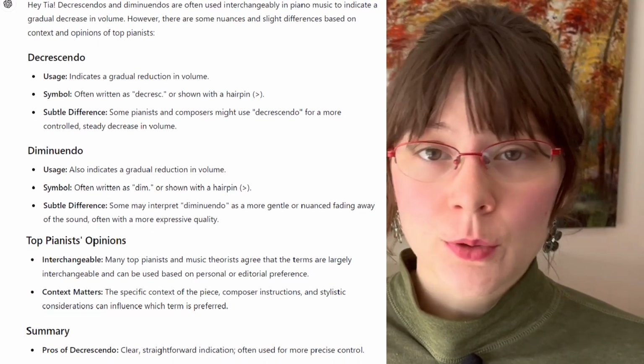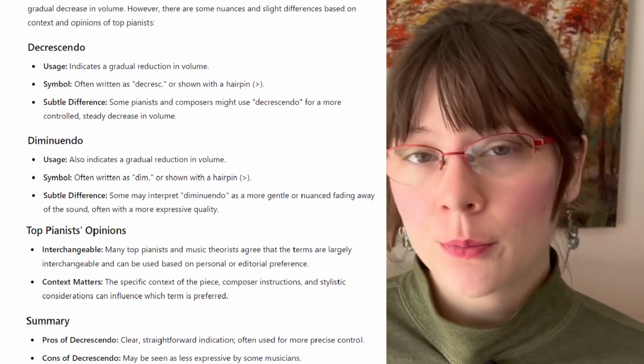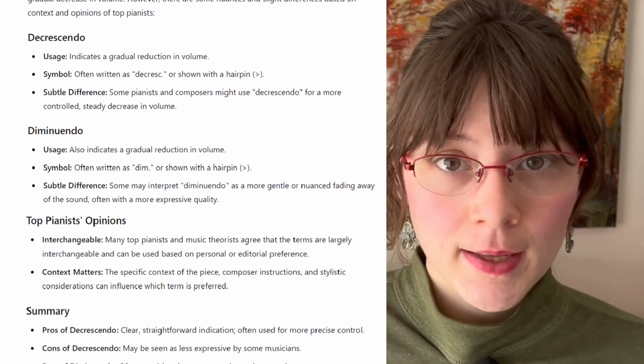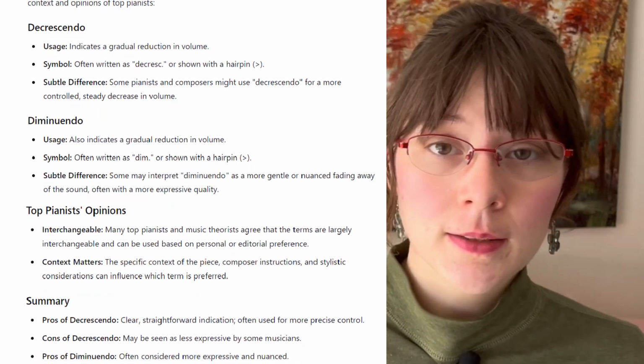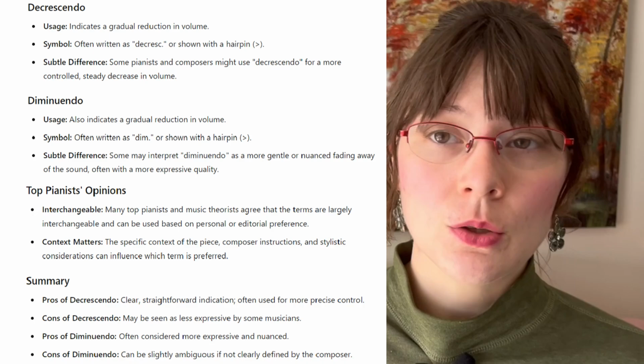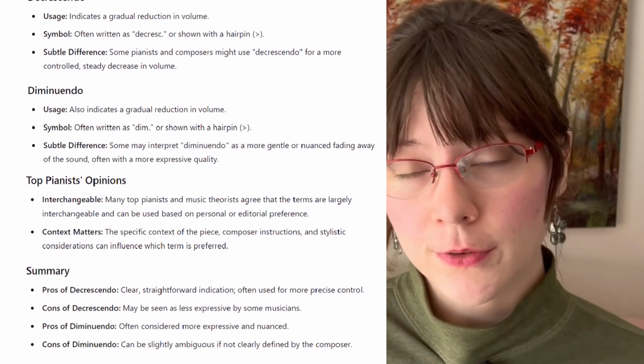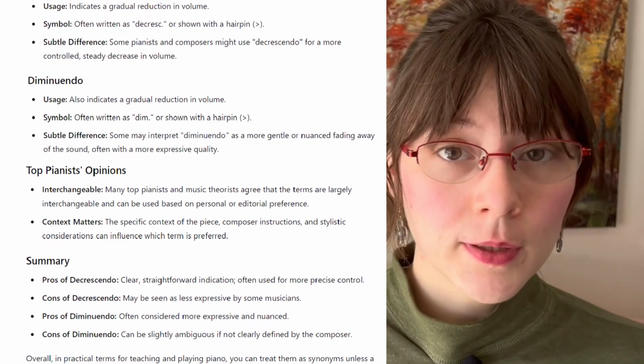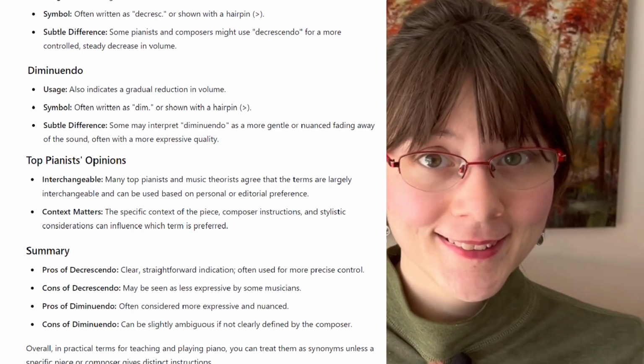Basically, the key points were that decrescendos are considered more exact and precise, and diminuendos are considered more expressive, and more is left up to the performer to figure out. Another important point was context matters.